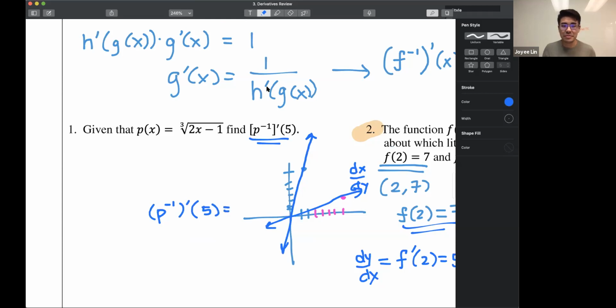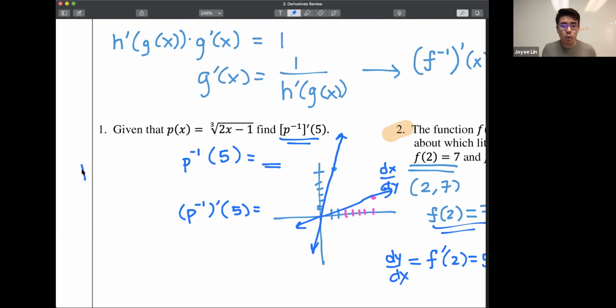We're trying to find it, right? And that means we need to find the value of the inverse function at 5 equals something, right? So then if we go backwards, we need to find what value of this function is going to give us 5. So we need to find this number here, which is the same as that number there.